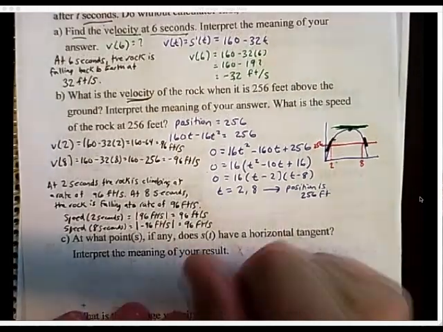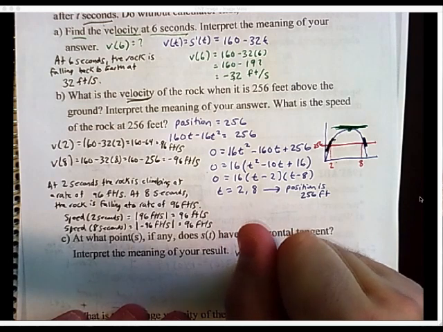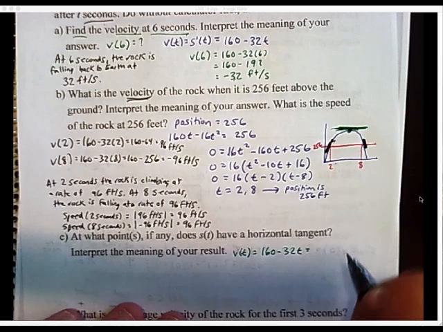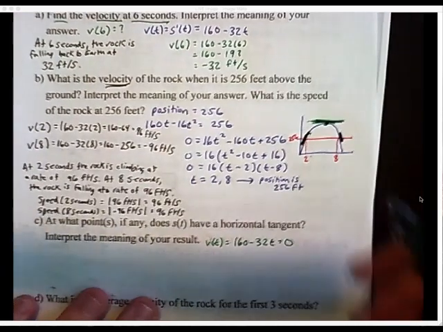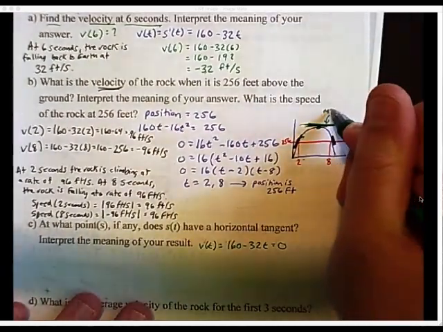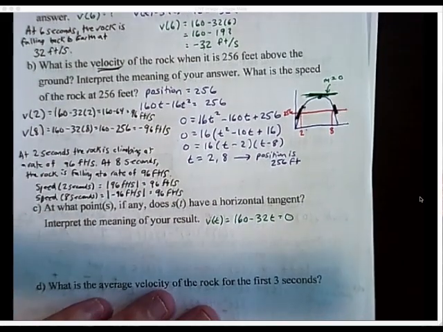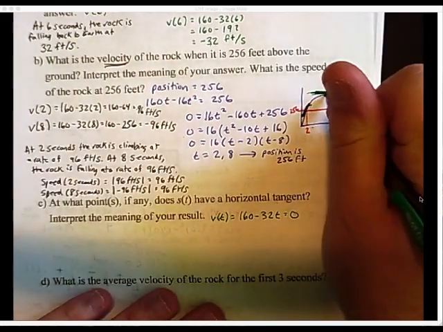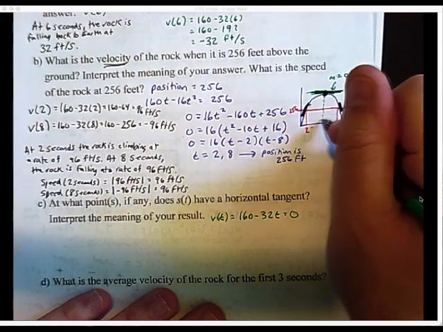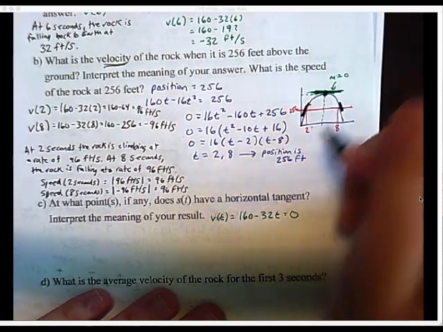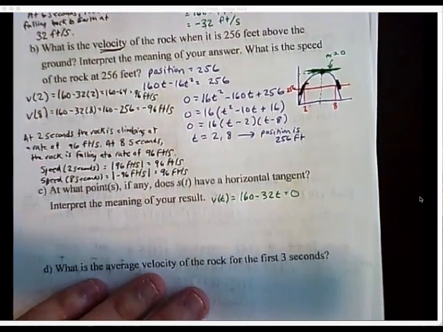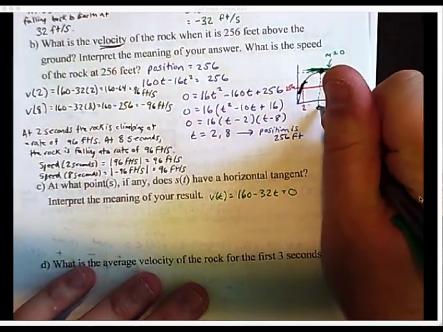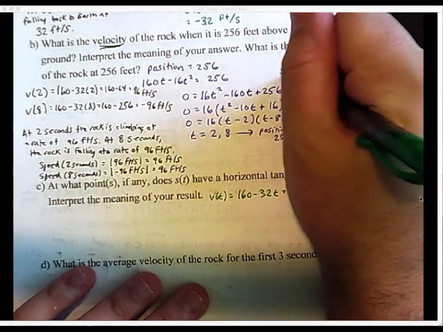I'm going to take my velocity function, which is the 160 minus 32t, and I'm going to set it equal to 0 because this has a slope of 0. And it's going to be the high point in the graph. Okay. We want to know what this point is. So I want to know what the x value is there and the y value on the position function. Okay. So I want to know the time, I want to know the t, and I want to know the s of that t.